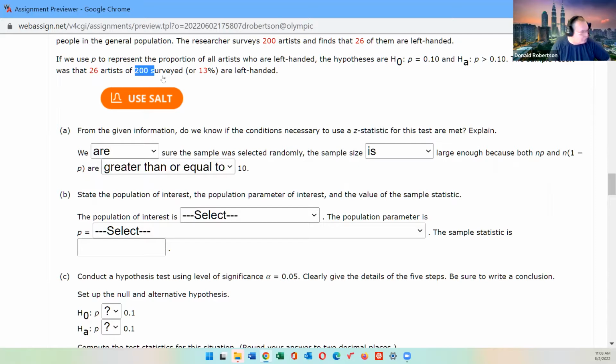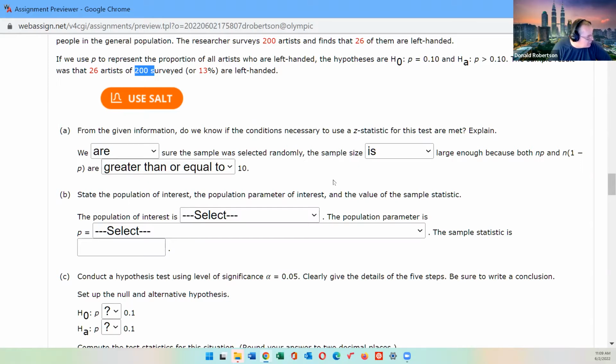Out of 200, doesn't that mean well over 100 said no? So we know it's okay. If we had asked 15 people and 5 of them were left-handed, that wouldn't pass the test, because np is 5, which is just not big enough. It has to be at least 10.